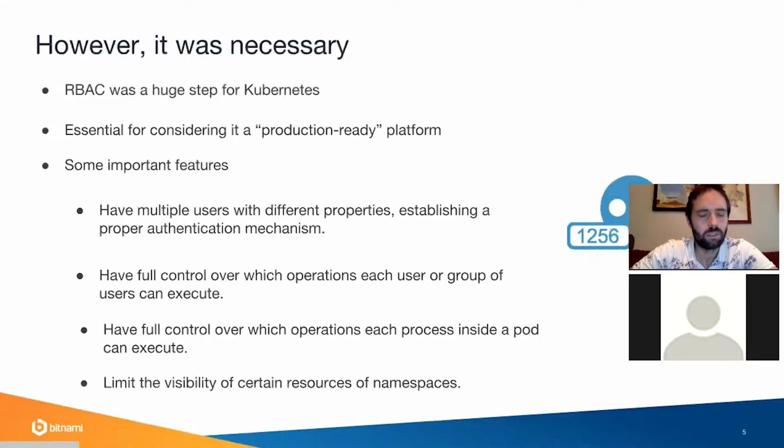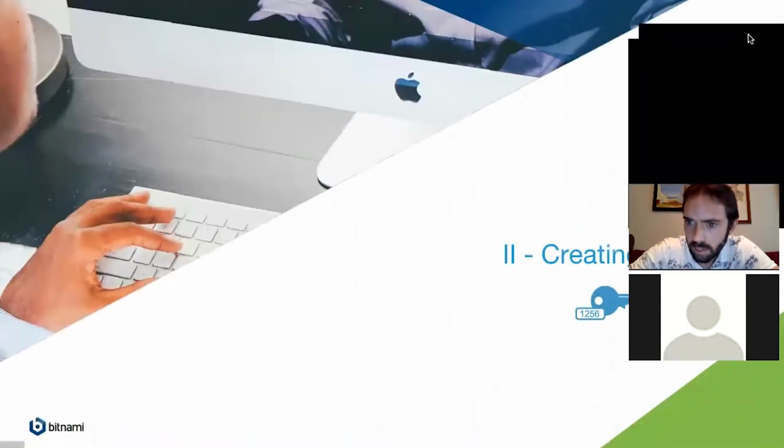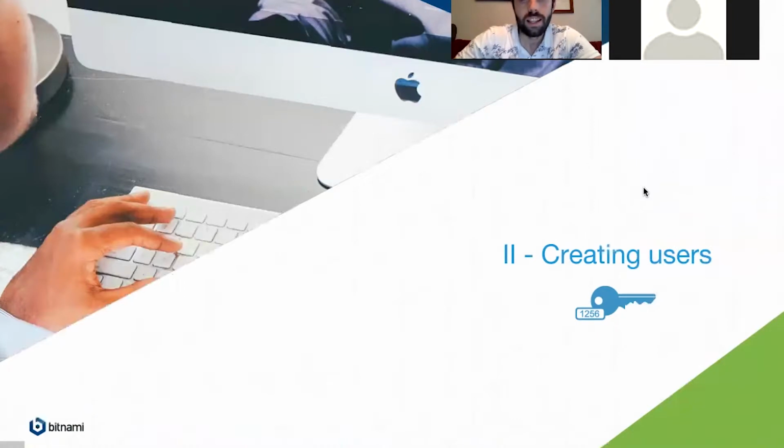And first, before explaining the Kubernetes objects, there's something I always like to explain, because it's something we sometimes skip when it comes to Kubernetes, and it's users: how to create a user. So let's begin with that.